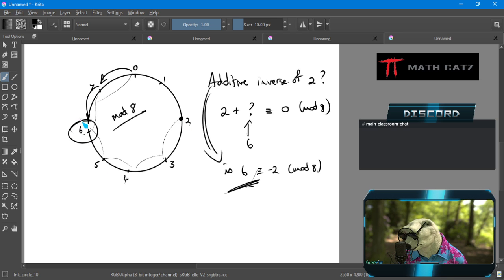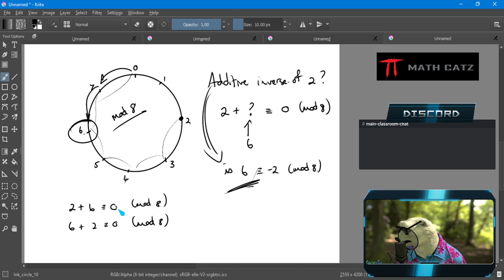So 6. You can argue both ways. It's all going to get you to 6. And that means that 2 plus 6 is 0 mod 8, of course. And 6 plus 2 is 0 mod 8, because they add up to 8, and loops of 8 get me back to 0.